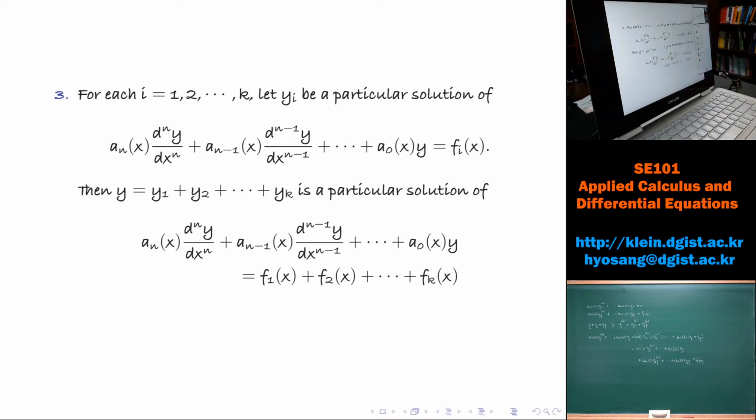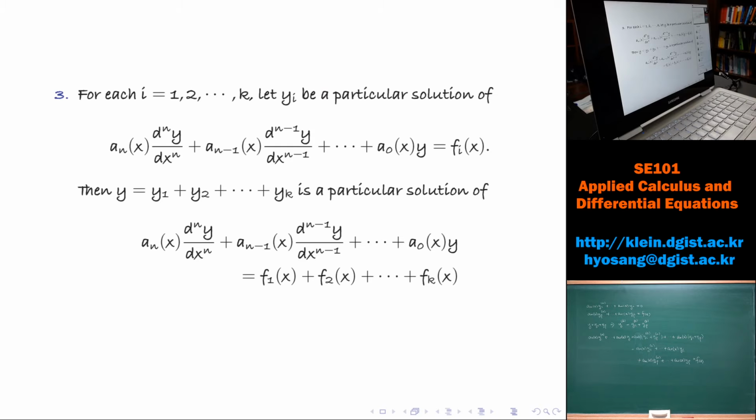Once we do that, we have a particular solution, and we're going to combine it with a general solution to the homogeneous differential equation with the same left-hand side, and then find a general solution to the non-homogeneous differential equation. So this is the principle.